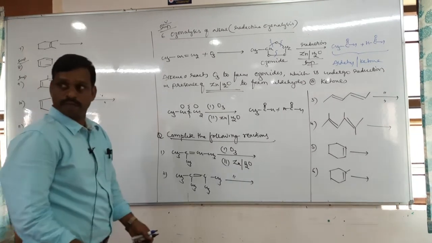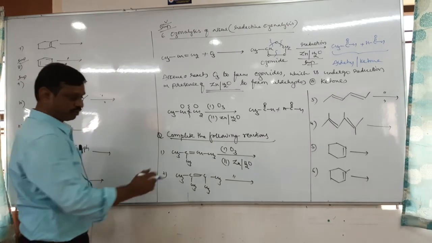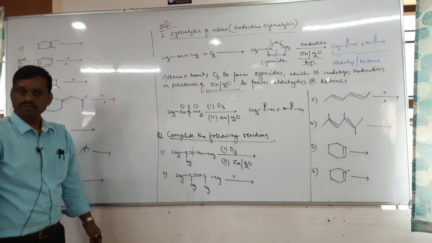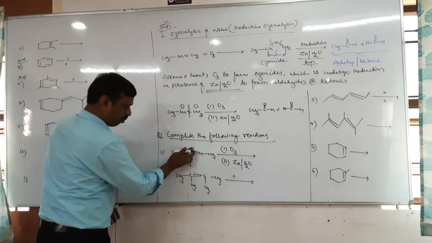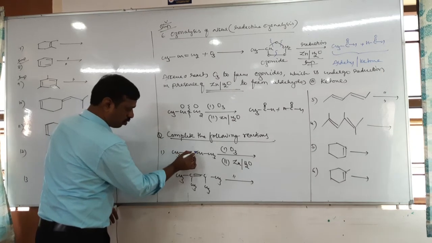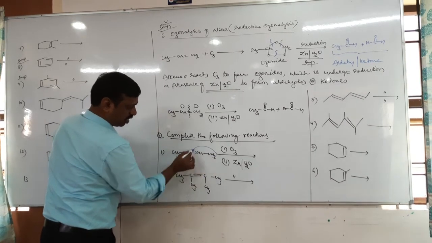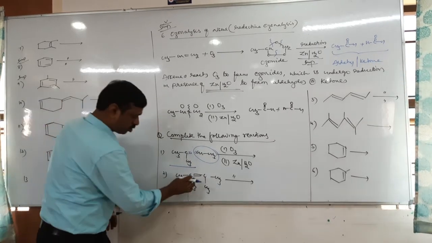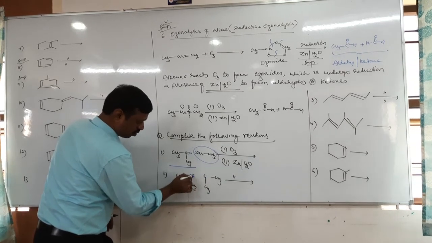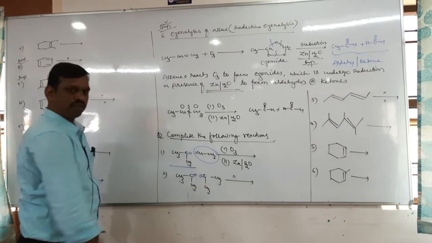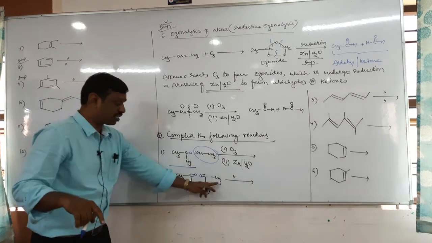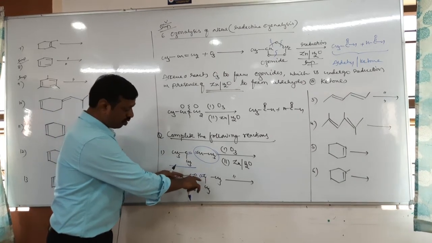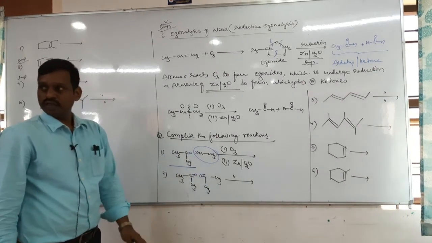Tell me, what is the product here? So break the double bond. In place of double bond, O double bond O. It is acetaldehyde, acetone. See here also. Break the double bond. 2 moles of acetone. Now suppose product is given. Then again you should write like this: remove the O2 and the product will be alkene, right?